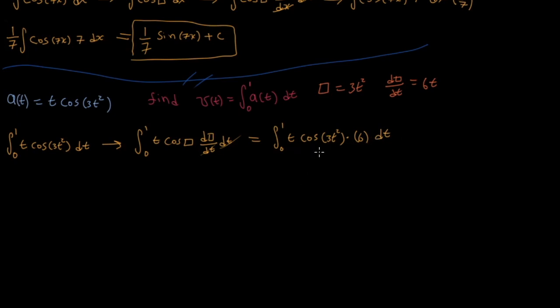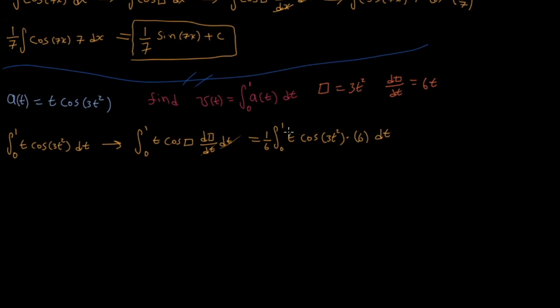So now this isn't a good form for integrating. However, there's one small problem: since there's a 6 here, the 6 makes this entire expression a different expression from this. So what we're going to do is fix that by making the 6 cancel out, multiplying this entire expression by 1 over 6.